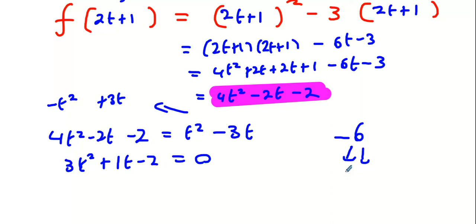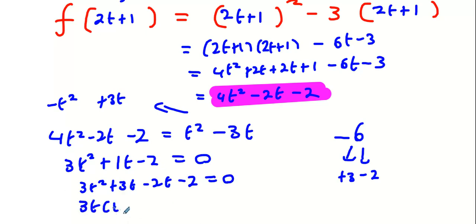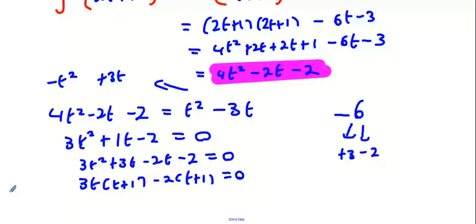Yeah, plus 3 and minus 2. So you get 3t squared plus 3t minus 2t minus 2 equals 0. 3t into t plus 1 minus 2 into t plus 1 equals 0. Now what? 3t minus 2 times t plus 1 equals 0.